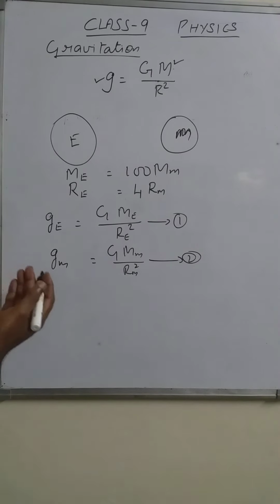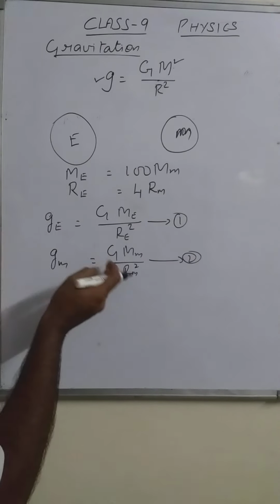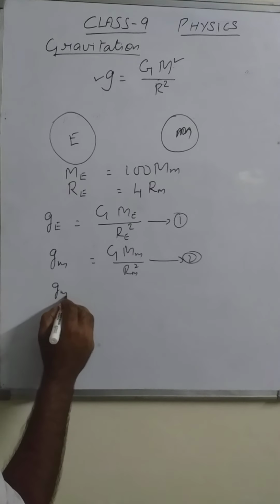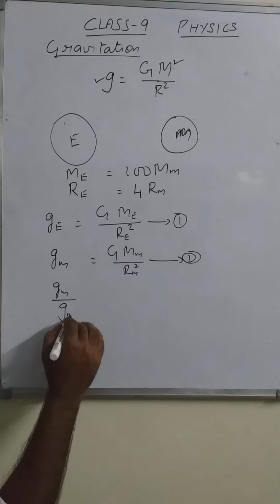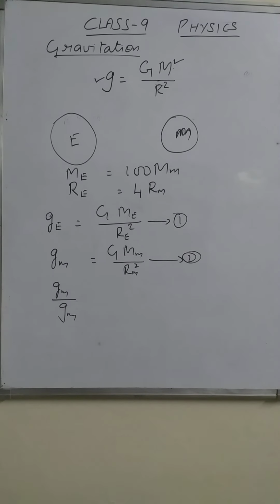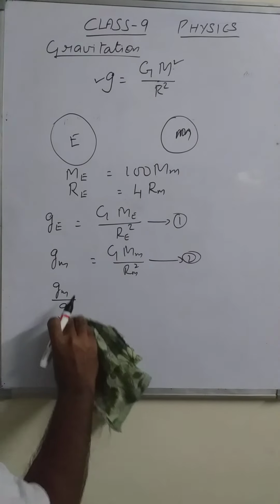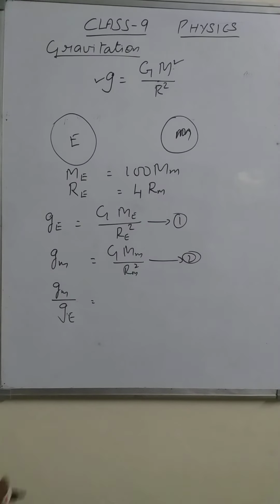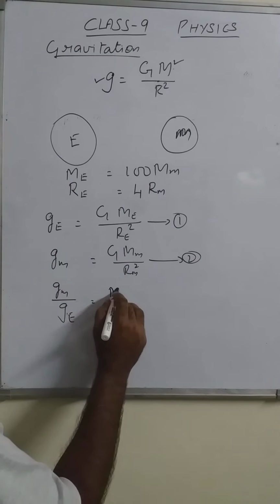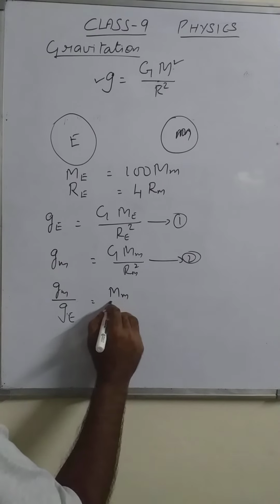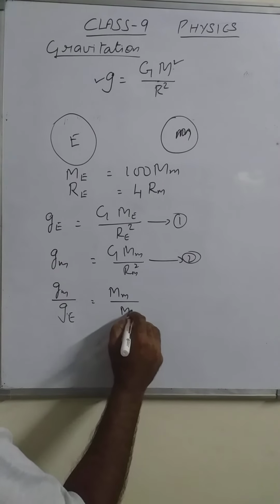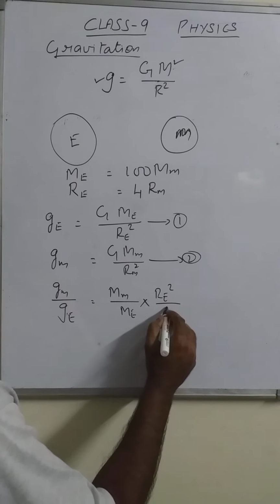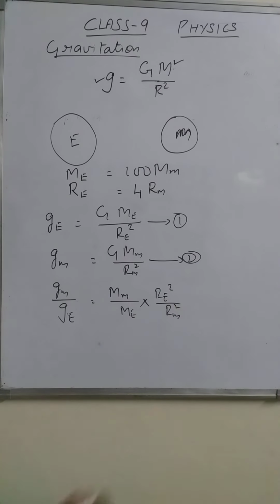Just take the ratio, either 1 by 2 or 2 by 1. If we take 2 by 1, this is acceleration due to gravity on the moon to the acceleration due to gravity on the earth. If we take the ratio, it will come as Mm upon ME into RE square upon Rm square.